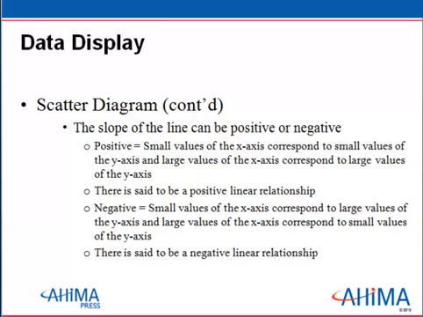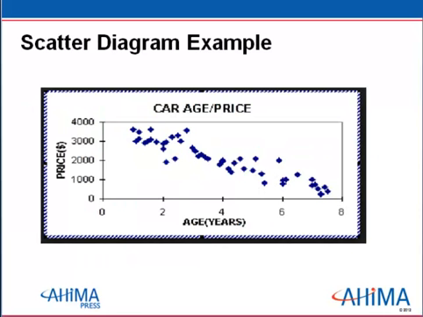If there is a negative slope, that means small values on the x-axis correspond to large values on the y, and the large values on the x correspond to small values on the y, and that is said to be a negative linear relationship. This is just an example of what a scatter diagram could look like.